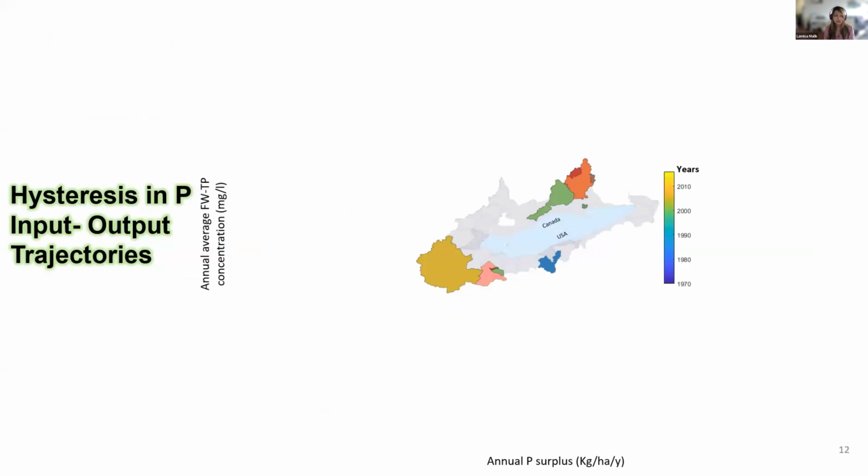We also coupled phosphorus surplus with stream phosphorus concentration, and we selected 10 watersheds, 5 in the US and 5 in Canada across the basin.